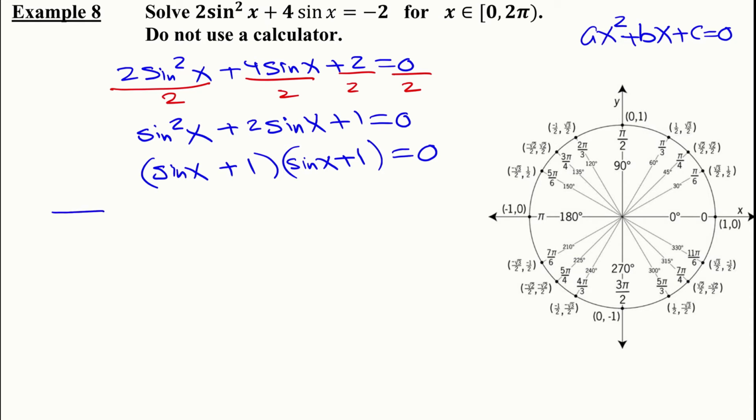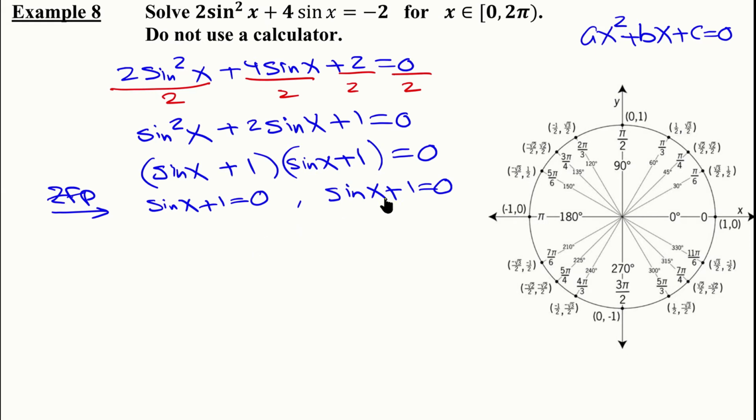Now we go ahead and apply the zero factor property. So since a product of two expressions is 0, one or both must be 0. So we go ahead and set each one equal to 0. Now, if you notice, this actually turned out to be a perfect square trinomial because both of these are the same.